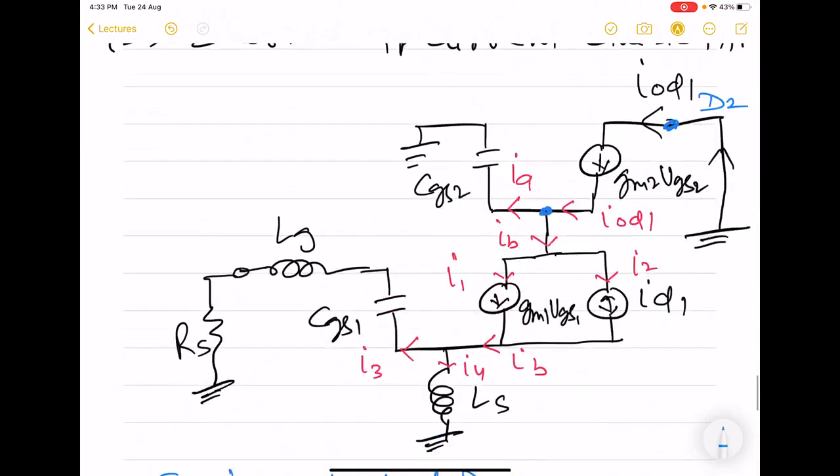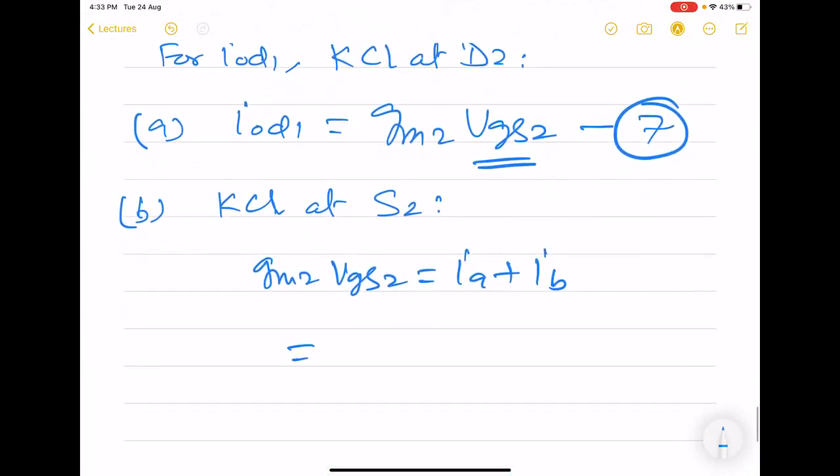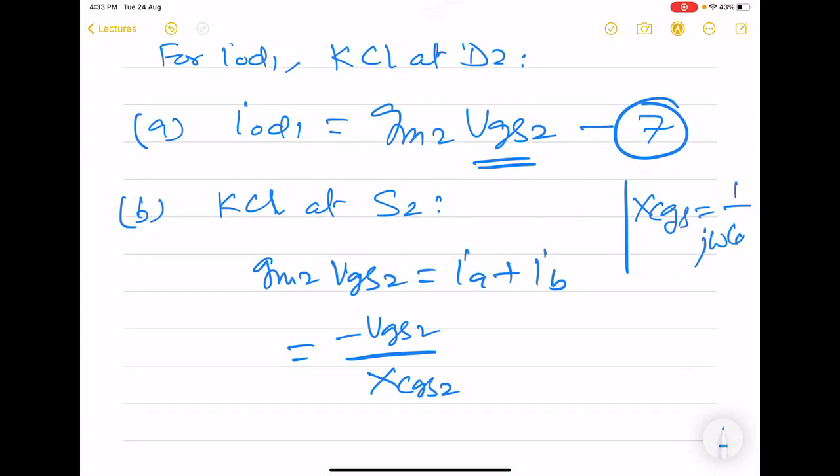And this IA is because of voltage VGS2 and capacitor CGS2. So IA becomes minus VGS2 divided by XCGS2. Again, XCGS means 1 by J omega CGS, whether it is 1 or 2, plus IB.